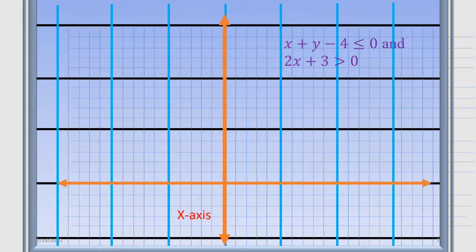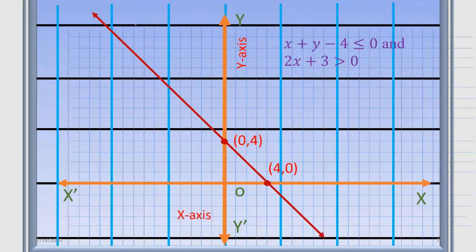Here x or x prime is the x-axis and y or y prime is the y-axis, and we have to plot the points 4, 0. So point 4, 0 is this point and 0, 4 is this point, and joining these 2 points we get this straight line. This is the linear equation of this inequality.